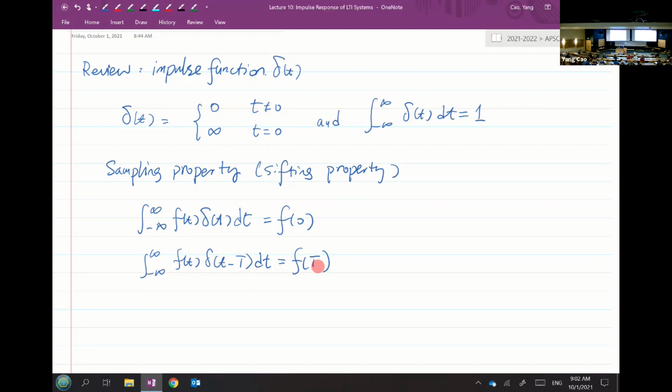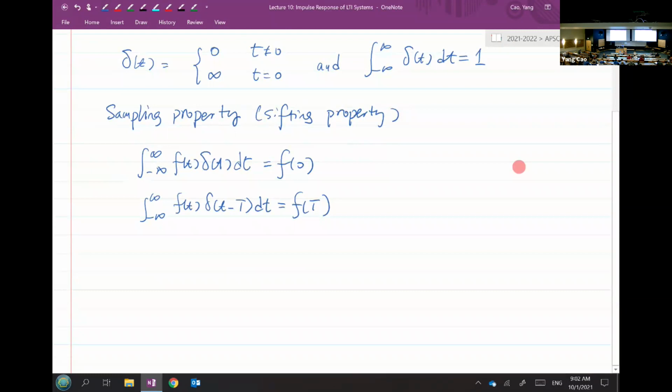That's the shifted amount of capital T. So in the previous lecture, I had a question I was asking you, just for clarification. I was asking, what is this multiplication e to the power negative 2t times delta 2 minus t?